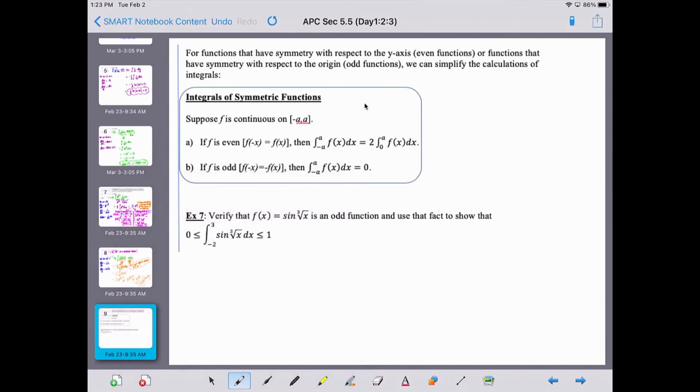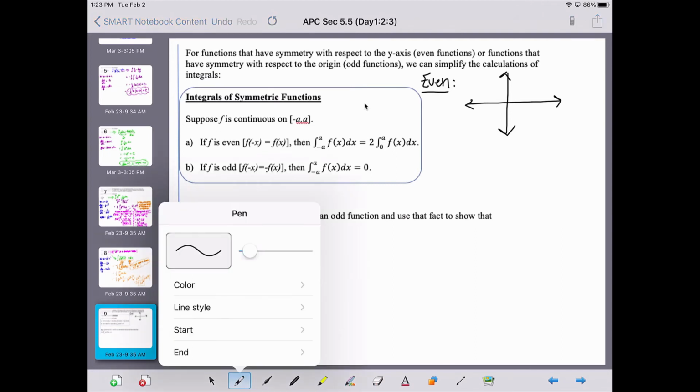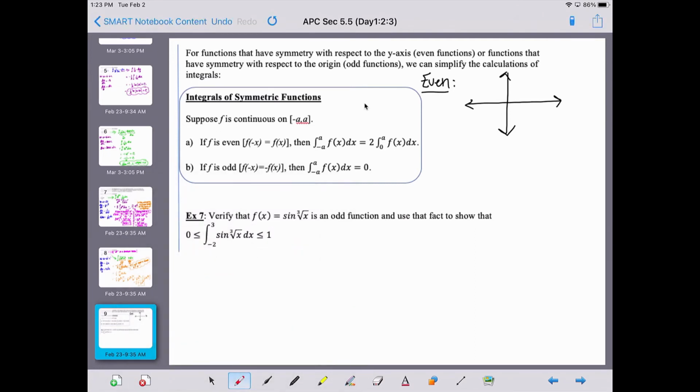First, we're going to take a look at what the even function looks like. And so if I were just to sketch a little coordinate plane here, a very basic even function might just be either a happy or a sad parabola. I will draw a sad parabola to illustrate what I'm talking about here. And so if this were my function and I were integrating it from, let's call this point negative a, and let's call this point positive a, right? So we have symmetry here over our y-axis.